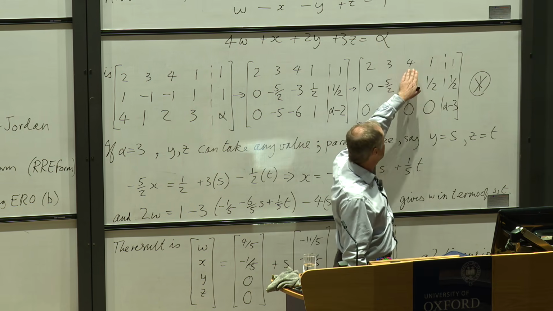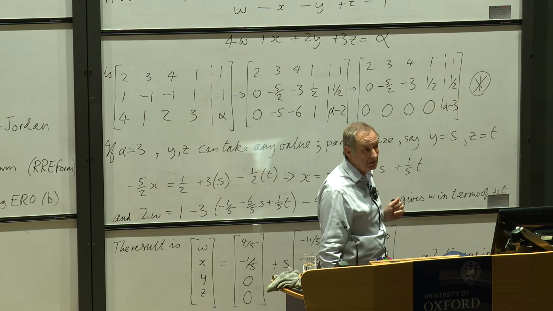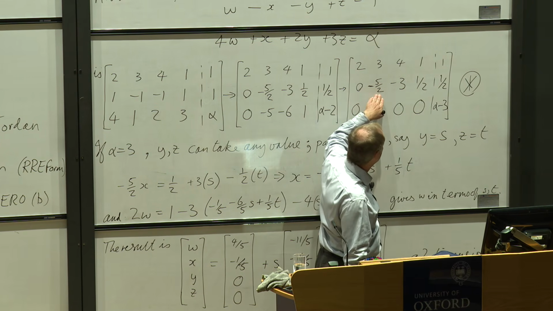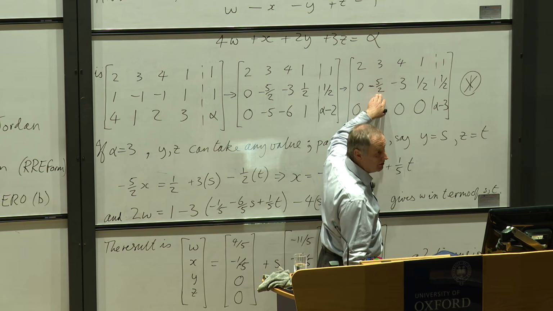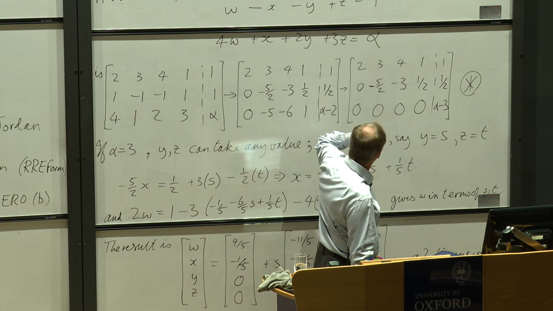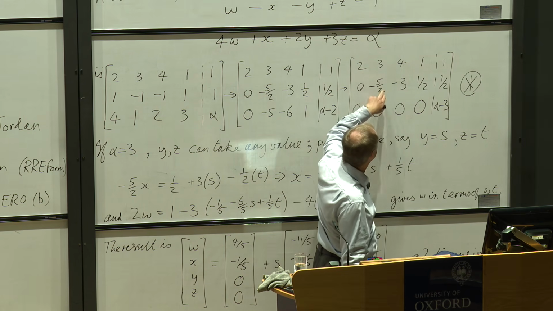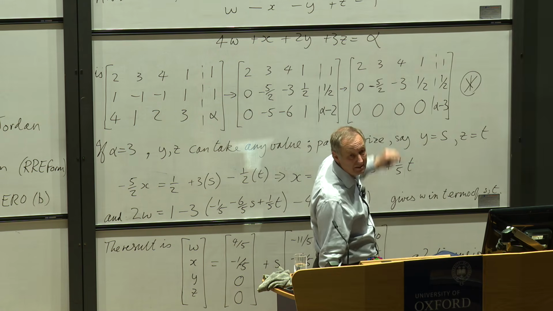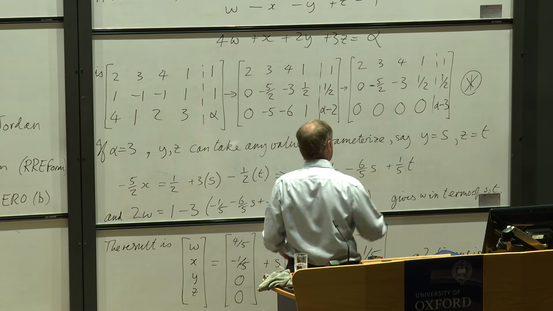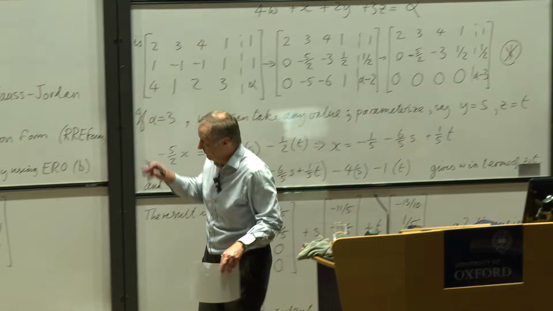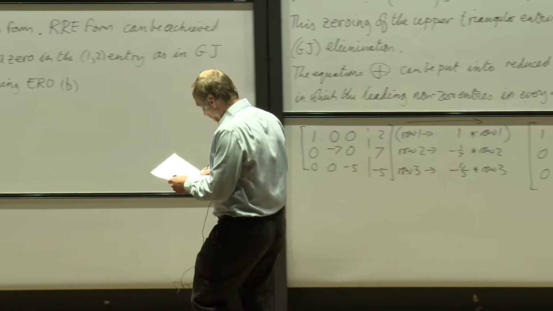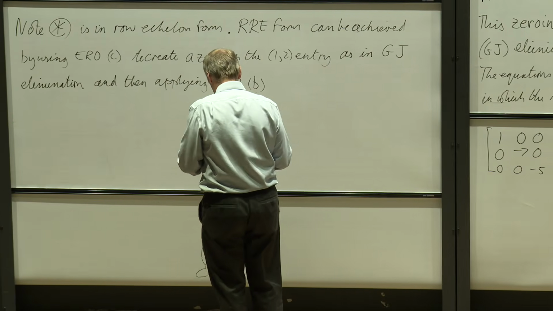You can't create zeros here and here. So the only thing you can do is do one elementary row operation C, to take some multiple of this to add to this to make 0. And then you get what's reduced row echelon form if you follow that up with scaling to make all the leading entries equal to 1.